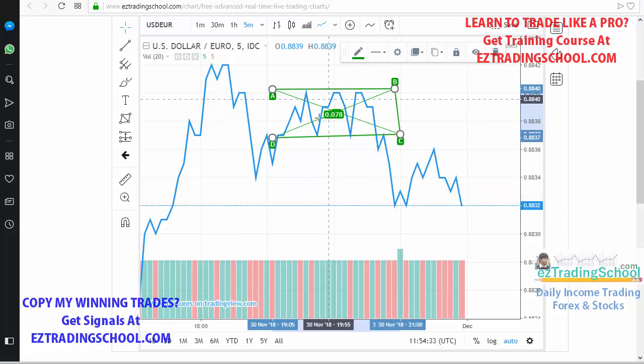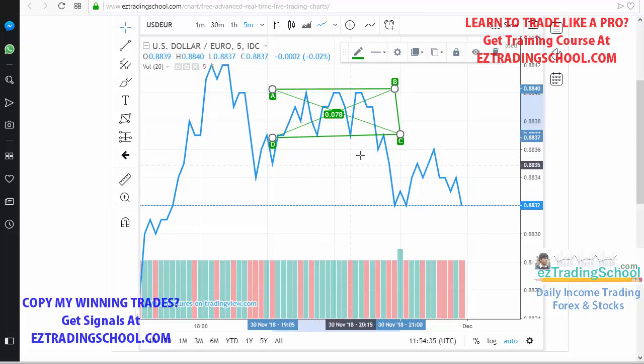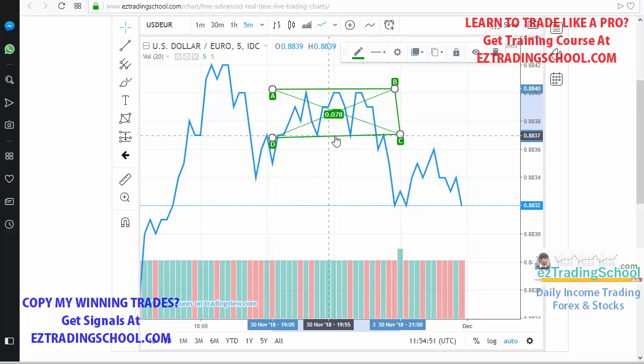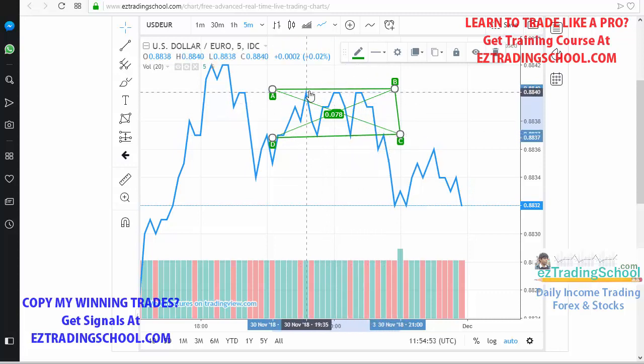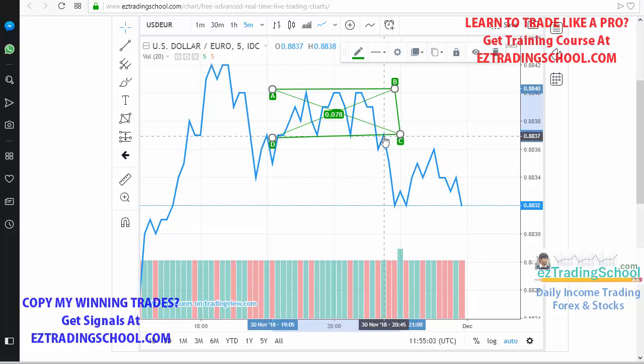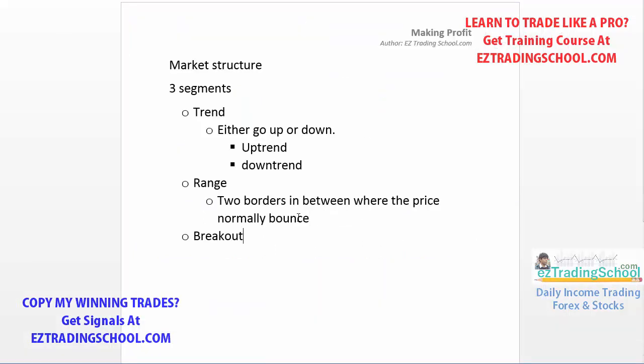Looking into this, the bottom area from which the price bounces up is called the support, and the top area where the price doesn't go higher is called the resistance line. So this is the resistance line here, this is the support line here. So here we've formed support and resistance lines.